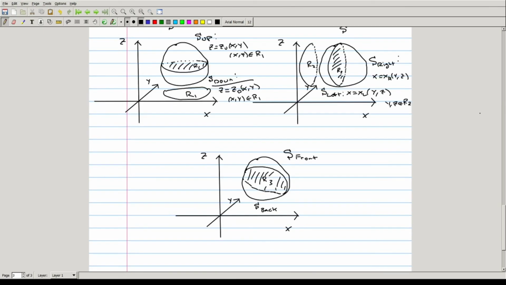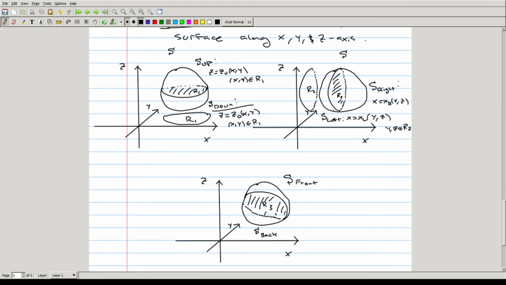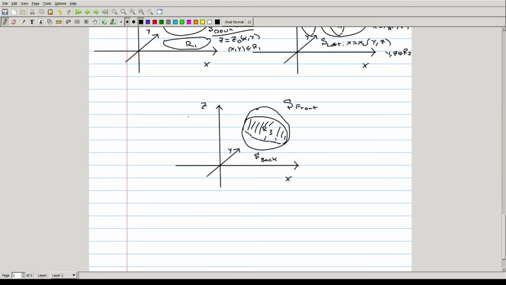And so just like we're assuming it's simple along the x and simple along z, we're also going to assume it's simple along y. So you can determine the front of the surface, which I've called this portion of the surface. So this is y is equal to some function y_F of x and z.